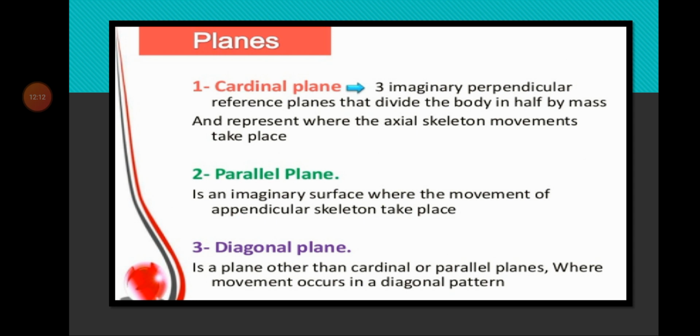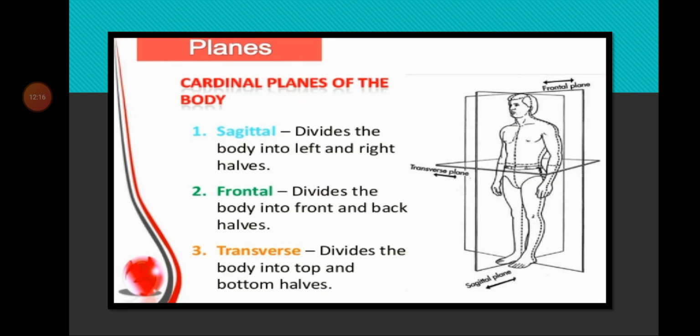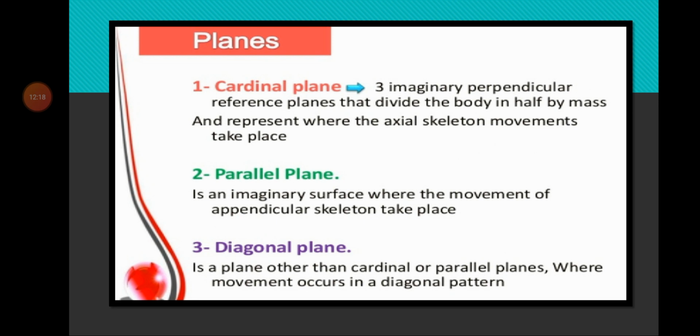The first one is about the planes. You can see there are three types of planes: cardinal plane, parallel plane and diagonal plane. Three imaginary perpendicular reference planes that divide the body in half by mass and represent where the axial skeleton movement takes place are called cardinal planes.